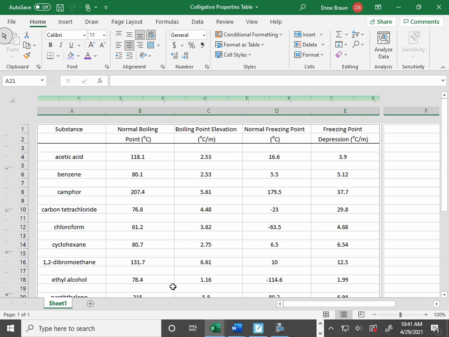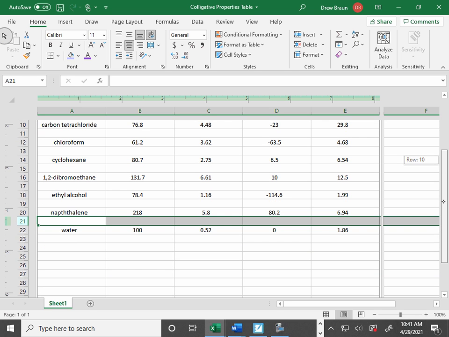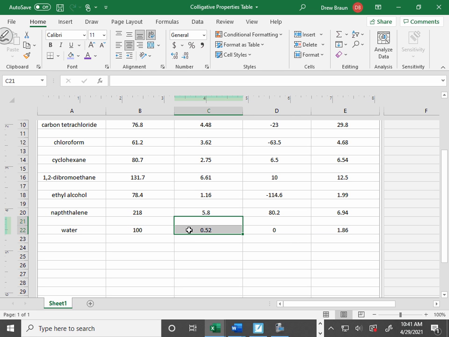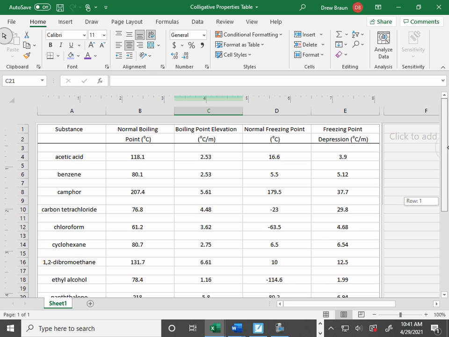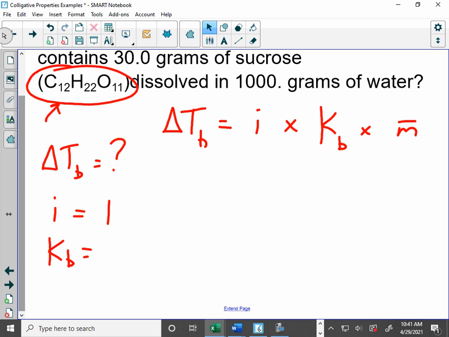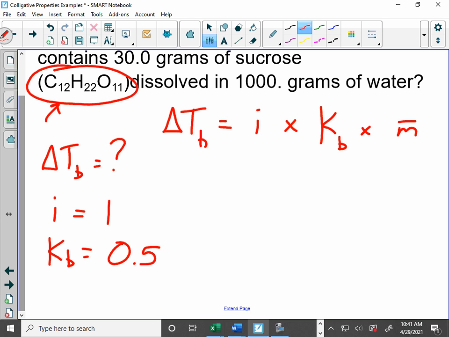Here is water, so my boiling point constant for water right there is 0.52, and my label is going to be degrees Celsius per molal. So I come back, and my K sub B is 0.52 degrees Celsius over the molality.